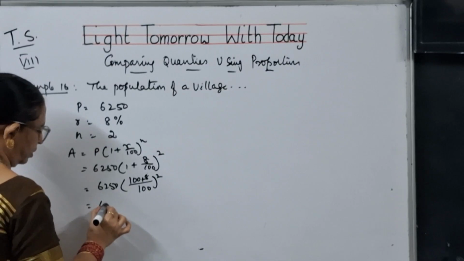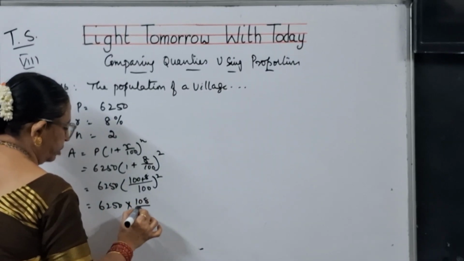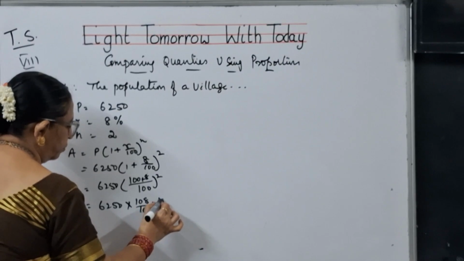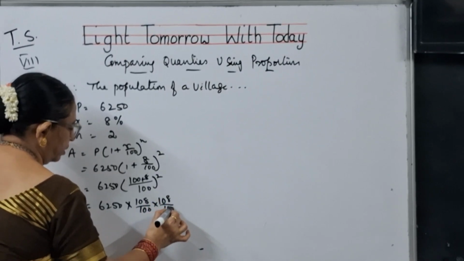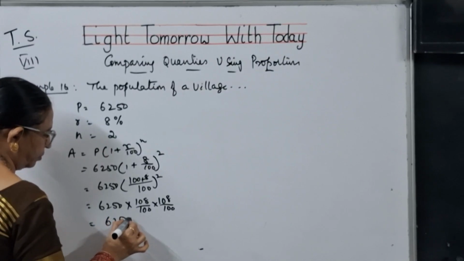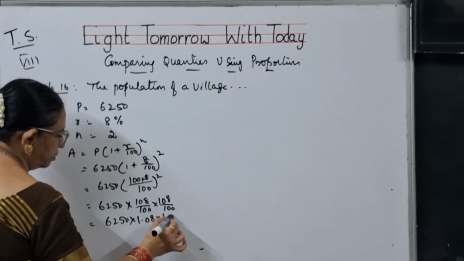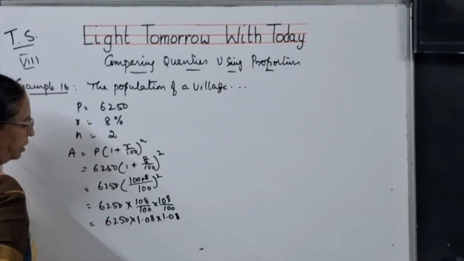That means 6250 into 108 by 100 into 108 by 100. You can even take it as, children, 6250 into 1.08 into 1.08 because of 100 here.